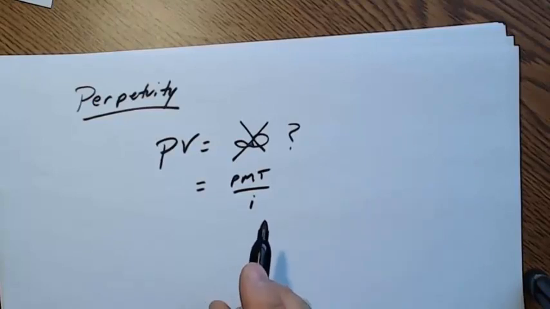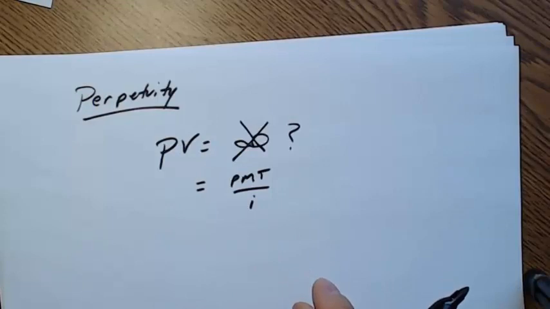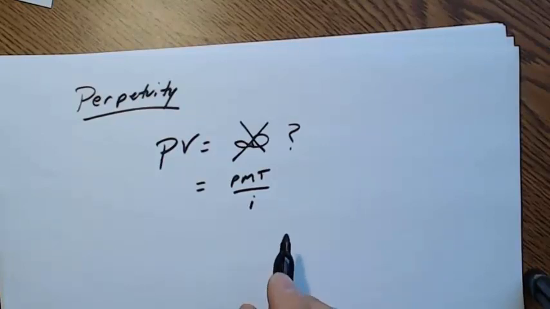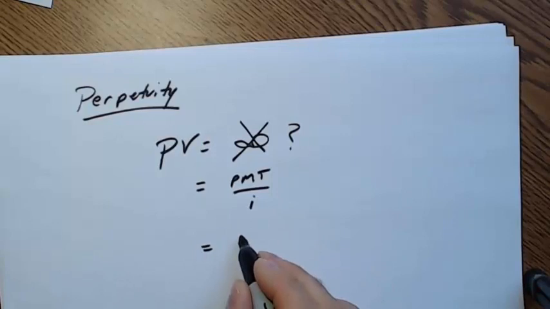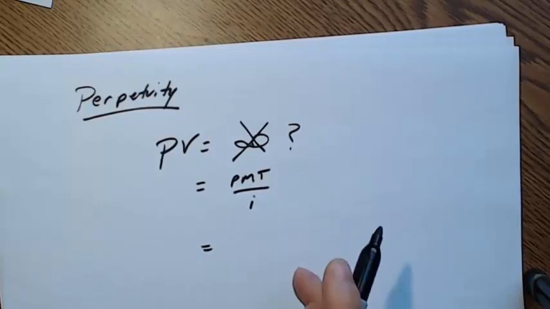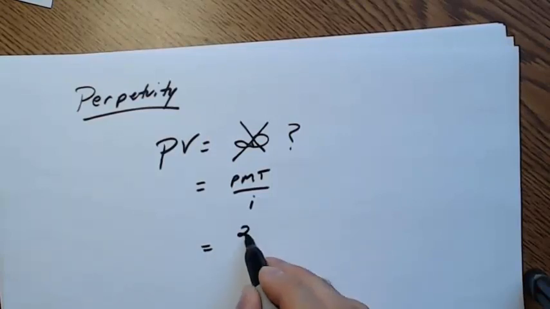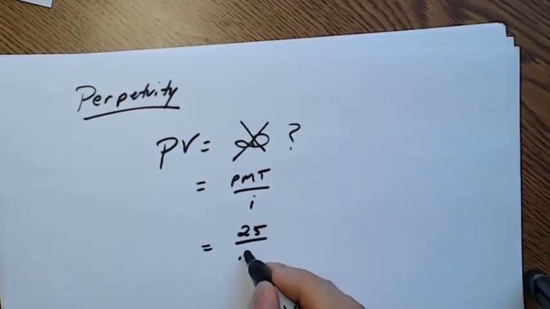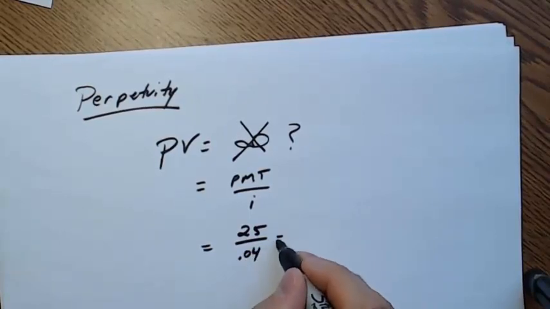And so an example of a perpetuity in terms of a bond is a British consol. The UK has issued bonds that last forever in some cases. And so the value of the bond is not infinity. Let's say the bond pays $25 per year forever, and let's say the interest rate environment now is 4%.